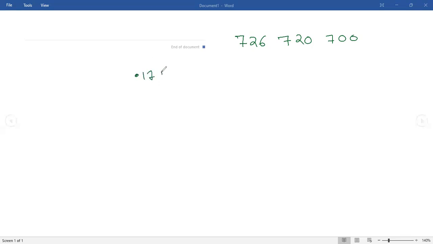If the unit digit is 0 or 2, that number will be completely divisible by 2. So in these two numbers, 720 and 700, that is completely divisible by 2.